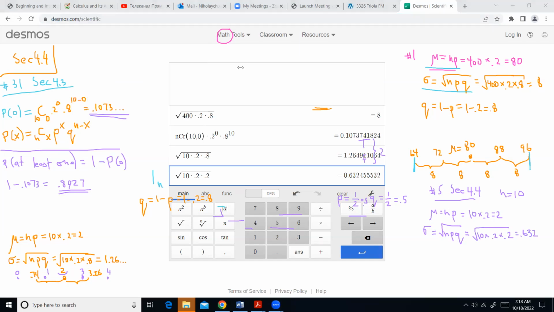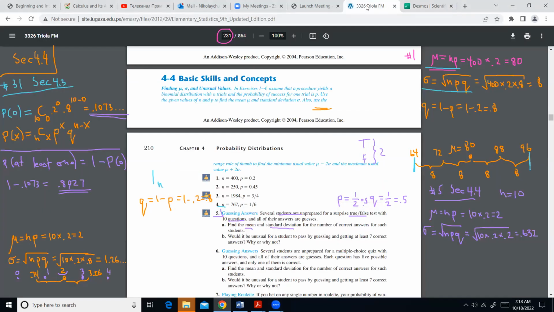In fact, in the next chapters, we will see that without this calculator, it will be hard to solve problems, because problems will have bigger things to calculate. So anyways, we found the answers to part A. We found the mean and the standard deviation.